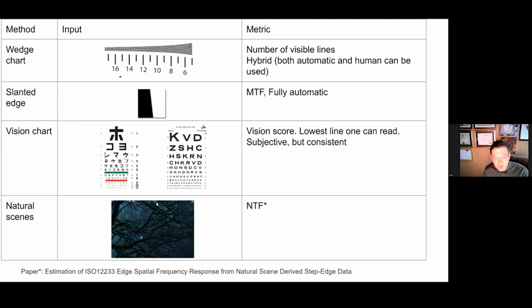And newly developed direction in MTF from natural scenes, which was presented in AI conference, and the paper which describes a very interesting method of MTF from natural scenes, and this could be a good supplement to the autonomous vehicles to detect some camera which is not functioning properly.